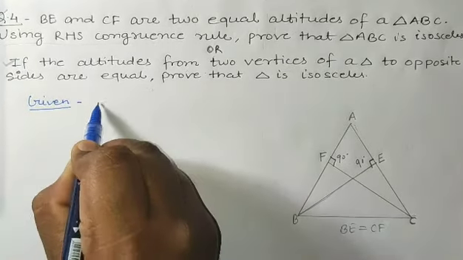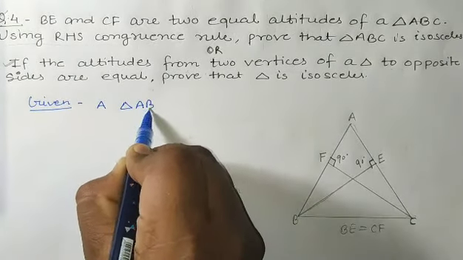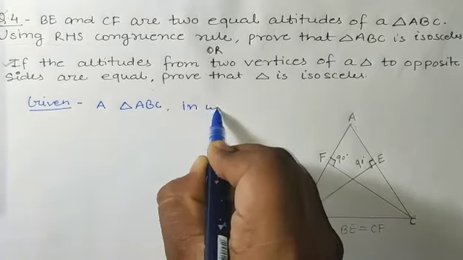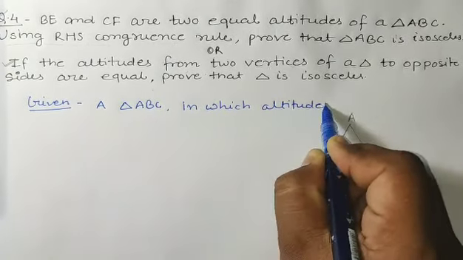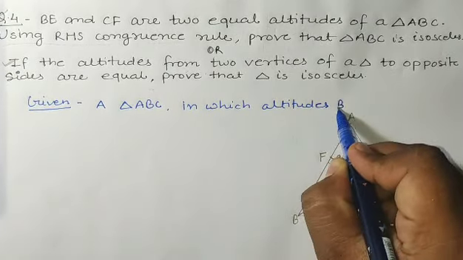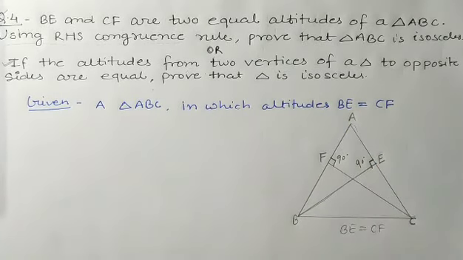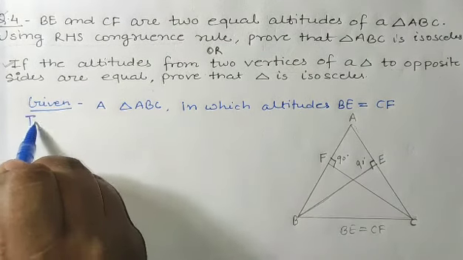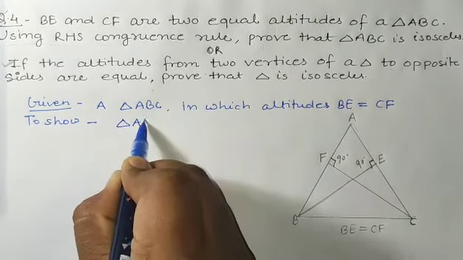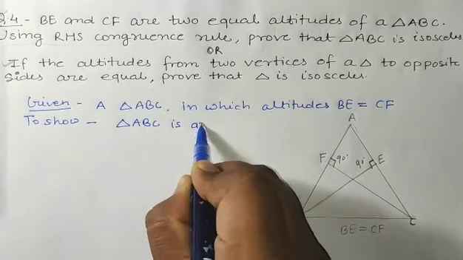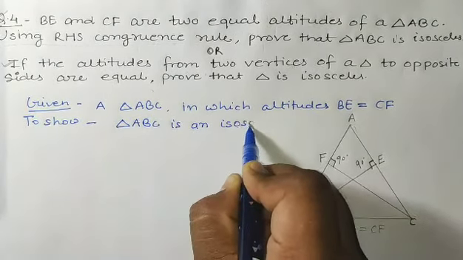Given: a triangle ABC in which altitudes BE is equal to CF. And what is to show? We have to show that triangle ABC is an isosceles triangle.